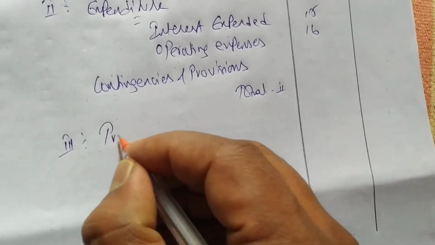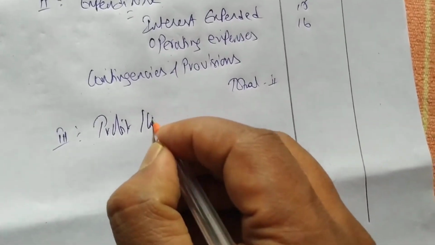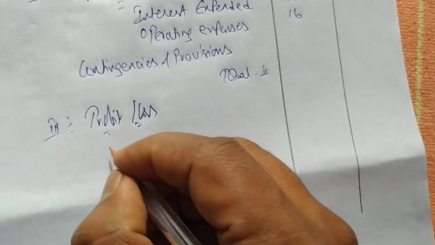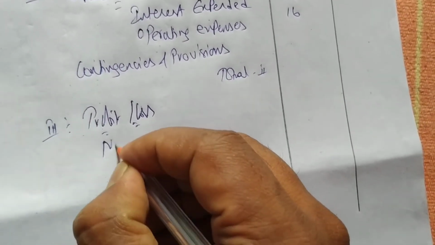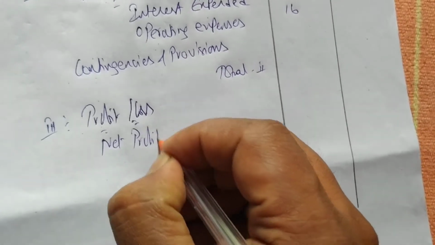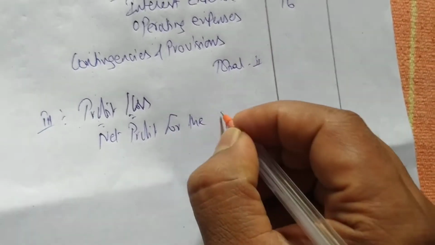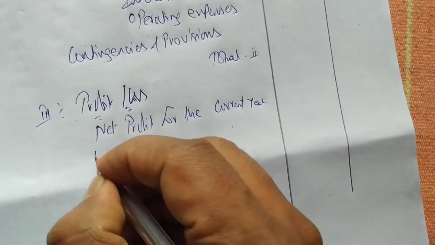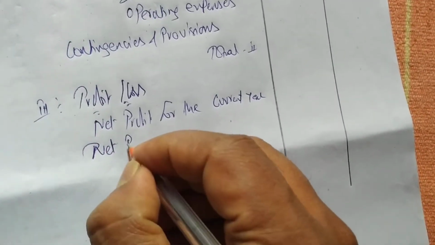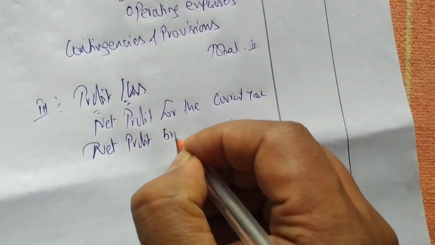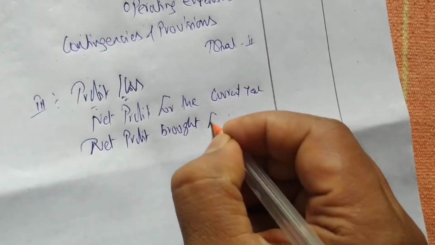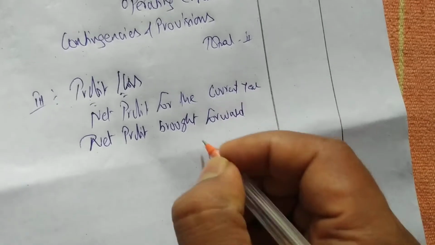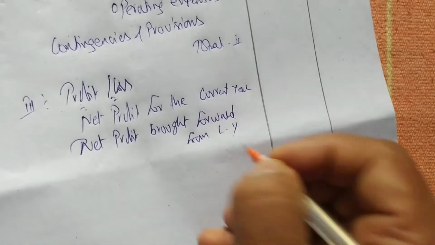Roman number 3, profit and loss. Okay, so net profit for the current year, profit, net profit brought forward from last year.